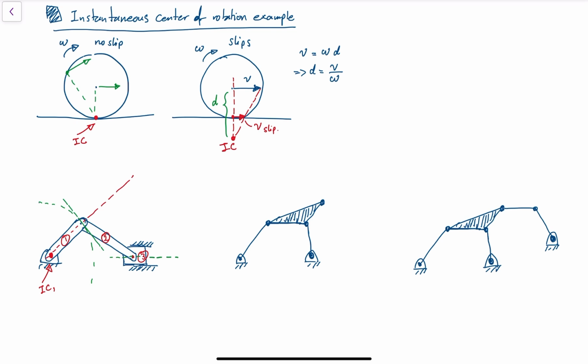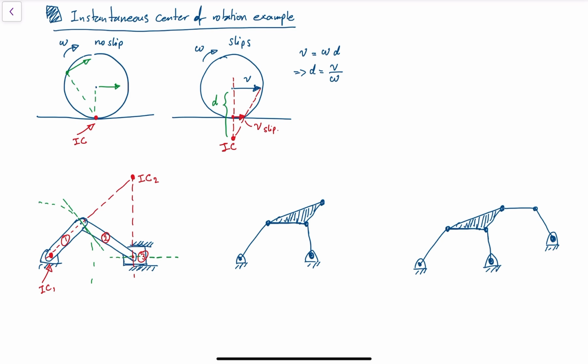Again, the instantaneous center of body 2 has to be perpendicular to that line. So this is where they intersect, and that is where at this instant body 2 appears to be rotating.